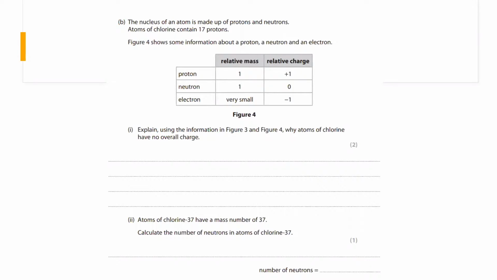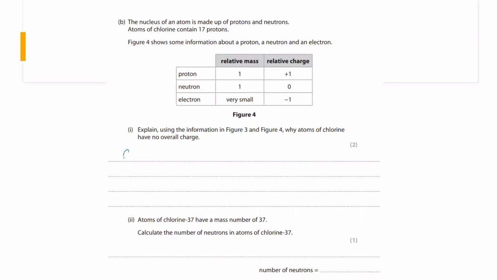Explain using the information in figure 3 and figure 4 why atoms of chlorine have no overall charge.